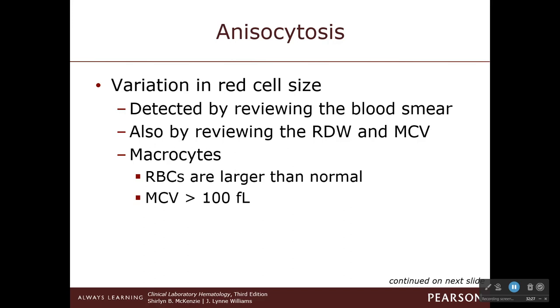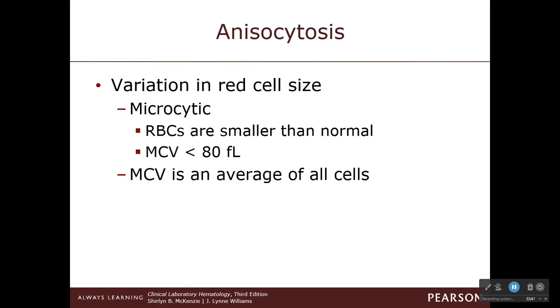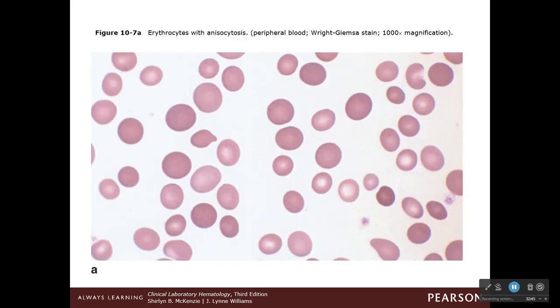I'm fixing to put it up there. Just hang on a second. Okay. I know I'm getting ahead of myself, but trust me. Okay. So macrocytes, remember, we use the MCV, so greater than 100. Microcytes, less than 80. Okay. And that's what we're looking for.